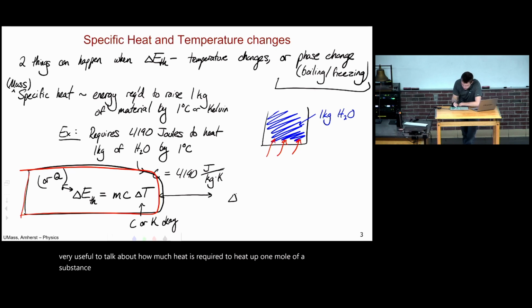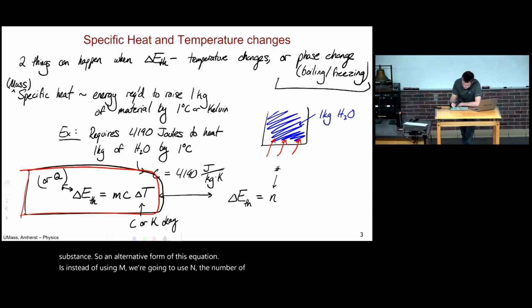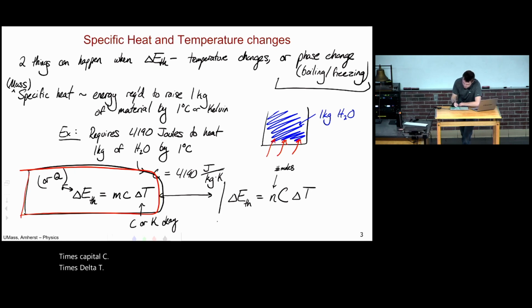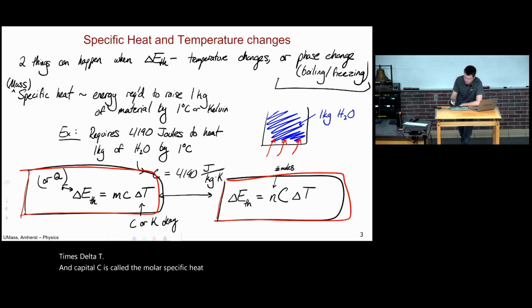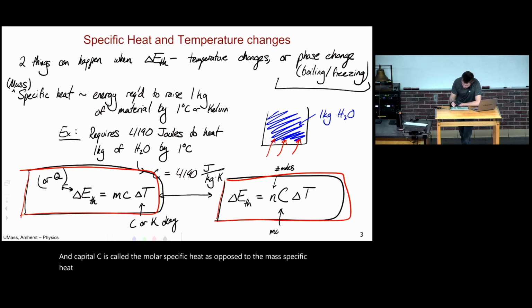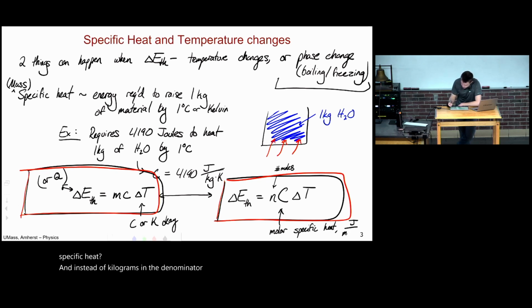So an alternative form of this equation is, instead of using m, we're going to use n, the number of moles, times capital C times delta T. Okay, and capital C is called the molar specific heat as opposed to the mass specific heat. And instead of kilograms in the denominator, it's joules per mole Kelvin.